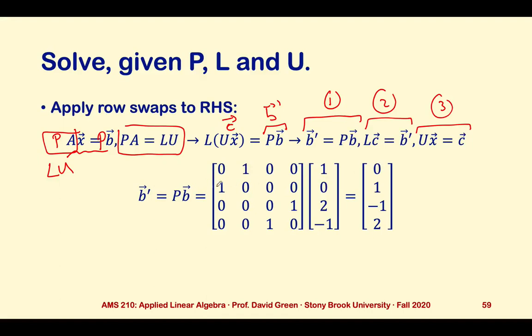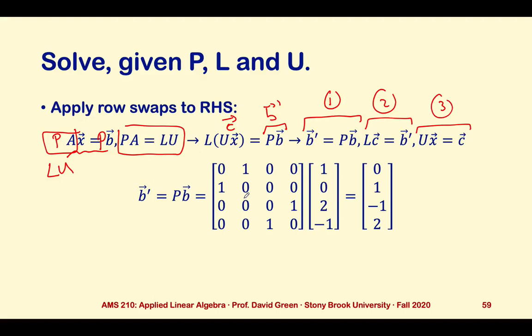The second row with a 1 in the first column and zeros everywhere else pulls out the first entry, so it becomes a 1. The third row pulls out the last entry, a -1, and the fourth row pulls out the third entry of a 2. We also could look at this.